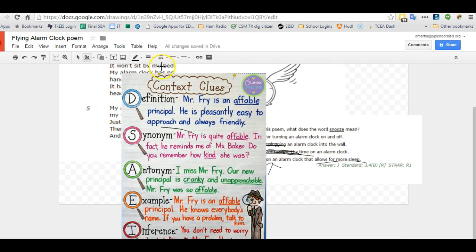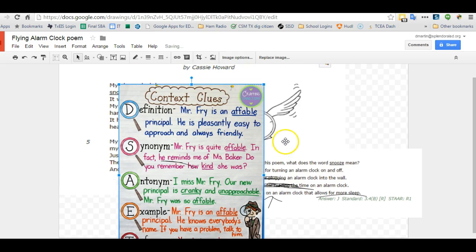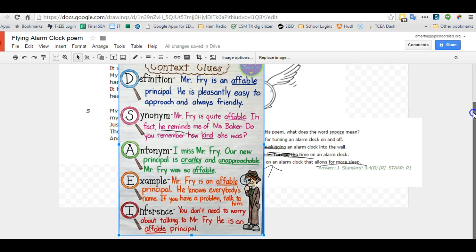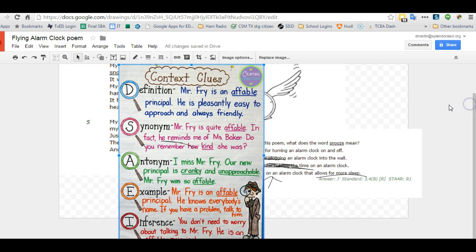Let me try to fix this for you guys. Here we go. There are basically 5 ways to identify context clues. And the first thing is sometimes the author will define it for you. And they give you a great example here.